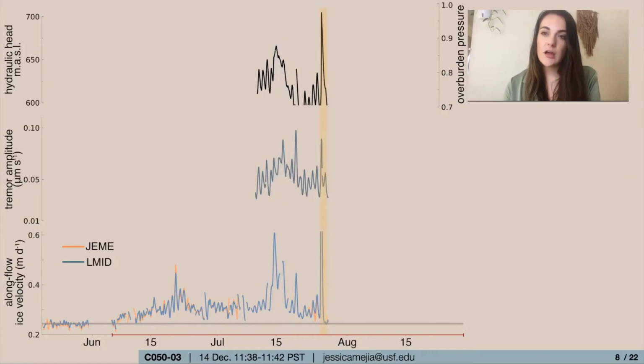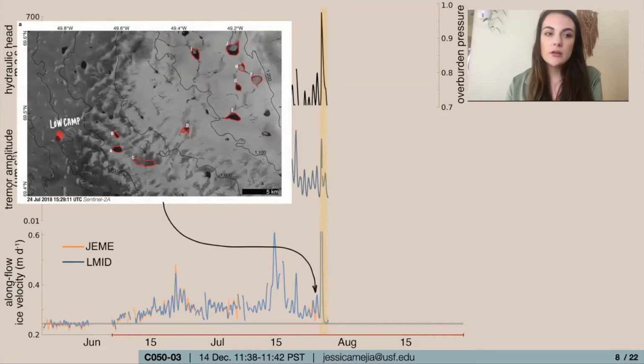At the end of July of 2018, we see this increase across our time series, indicative of a lake drainage event. So to confirm this, we checked the satellite imagery. On July 24th, we see that all of the 10 superglacial lakes shown in the study area figure were completely full.